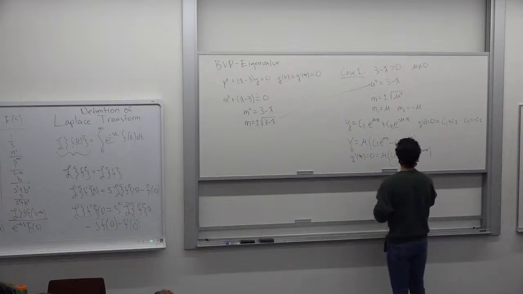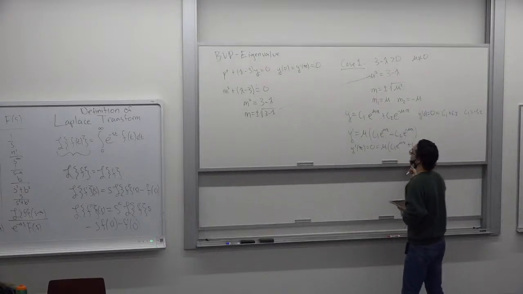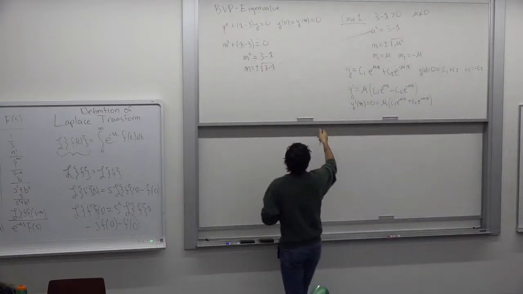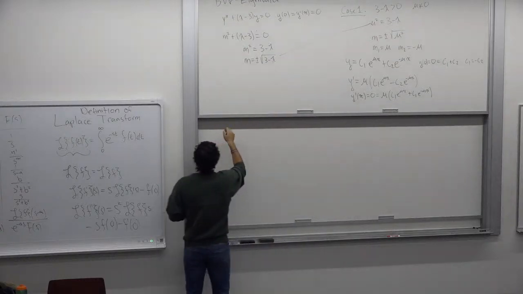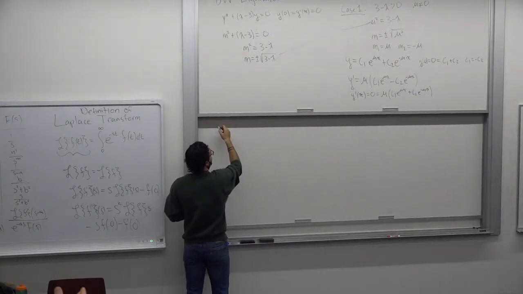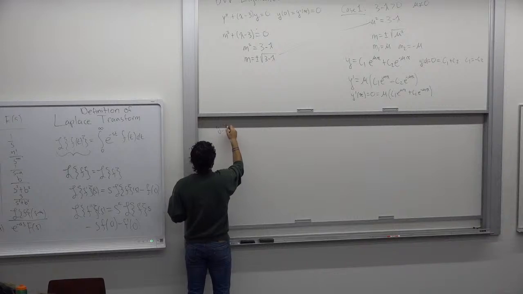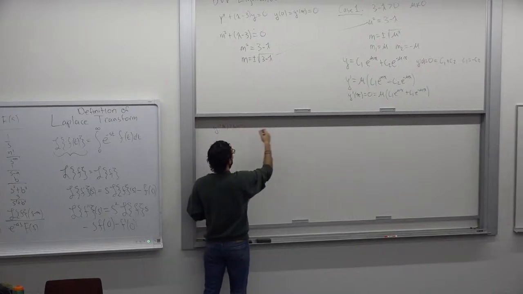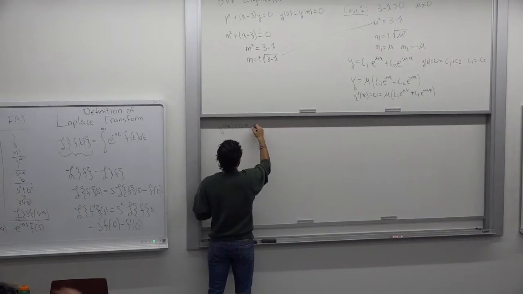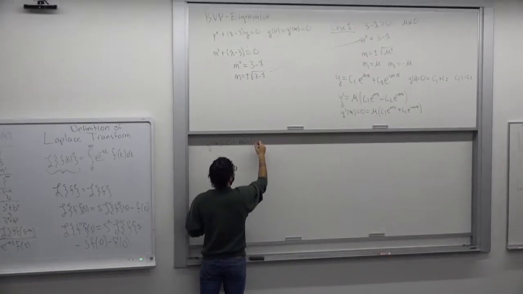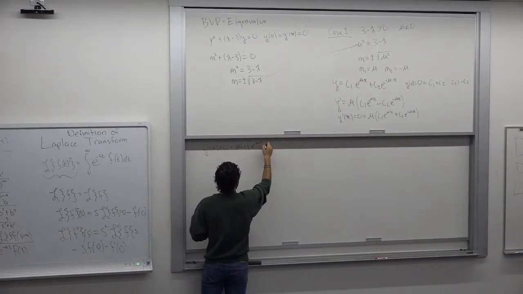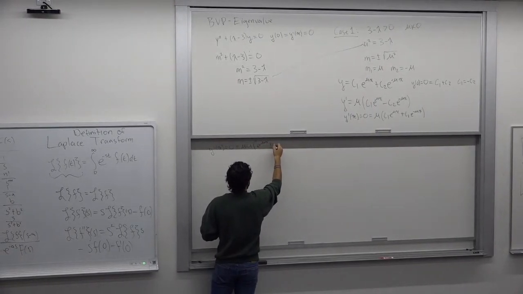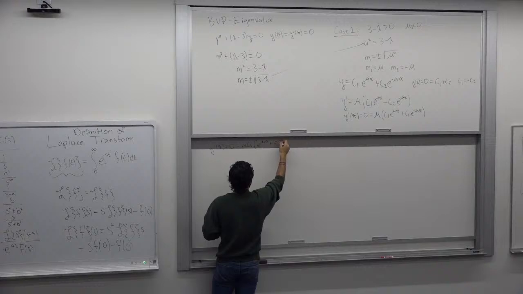So I'm going to also factor out this c1 first. We have y prime at pi equals 0 equals mu c1 times e to the mu x plus e to the negative mu x.